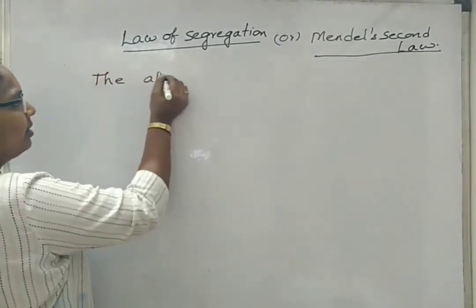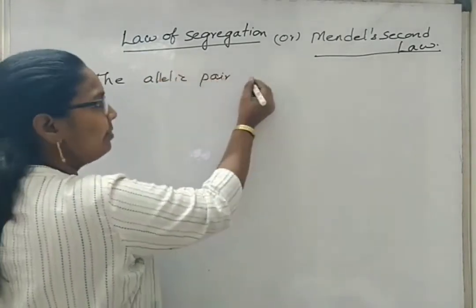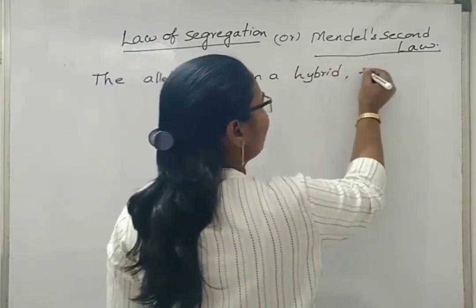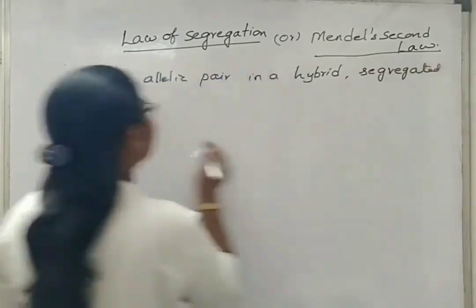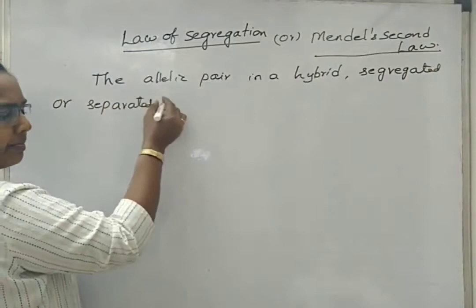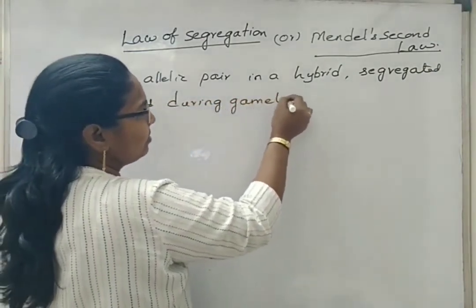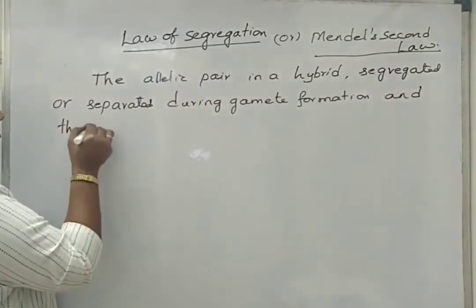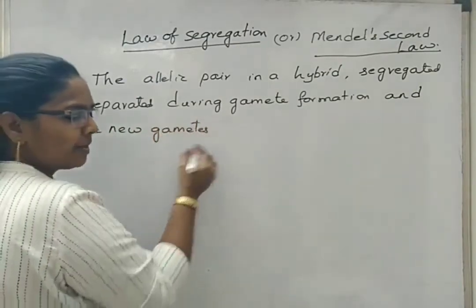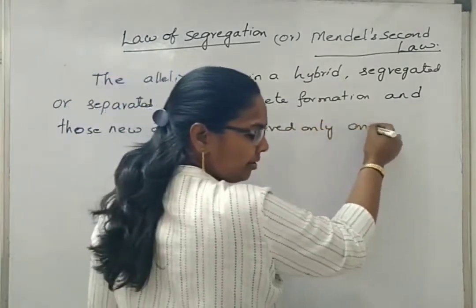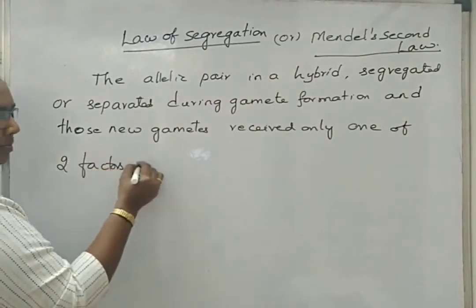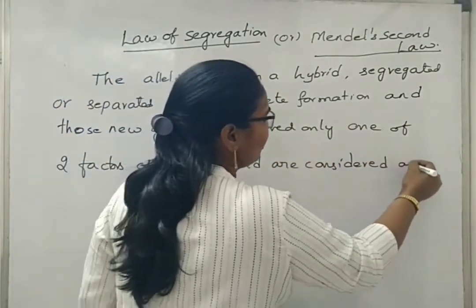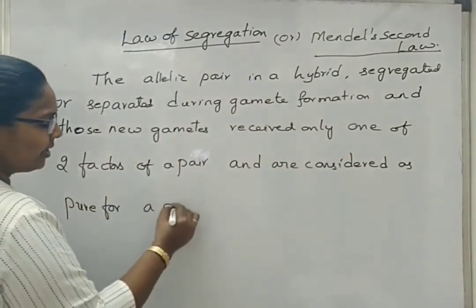Now, see the definition clearly. The allelic pair in a hybrid is segregated or separated during gamete formation, and those new gametes received only one of the two factors of a pair and are considered as pure for a genetic trait.